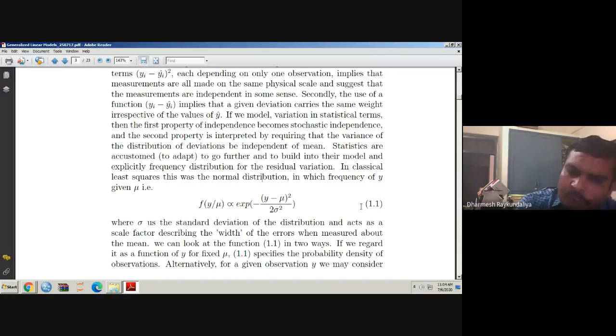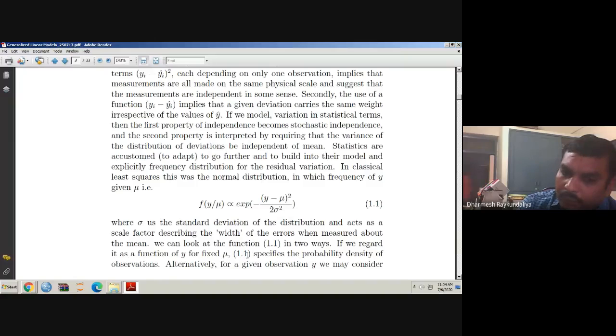If you look at function 1.1 in two ways, first we regard it as a function of y for a given value of the mean. That means mu is fixed and y is observed, and then it is known as a probability density function.